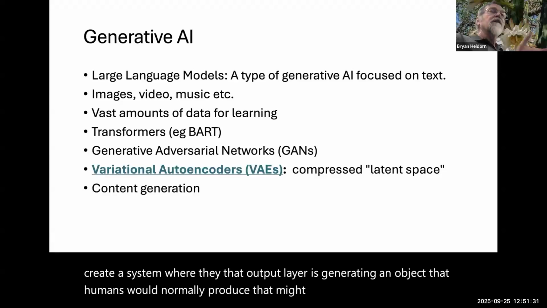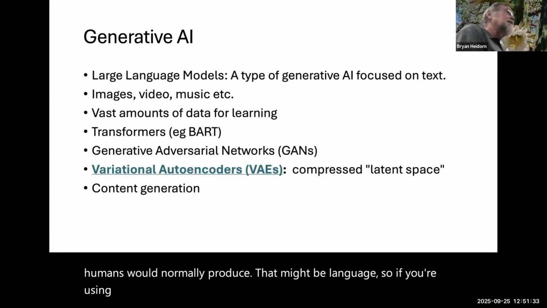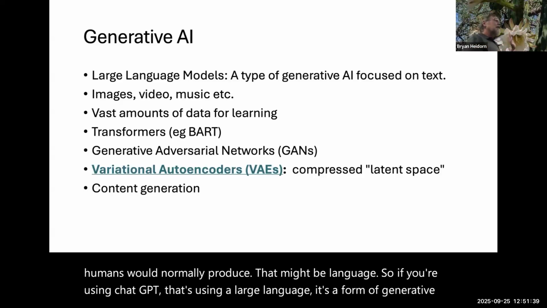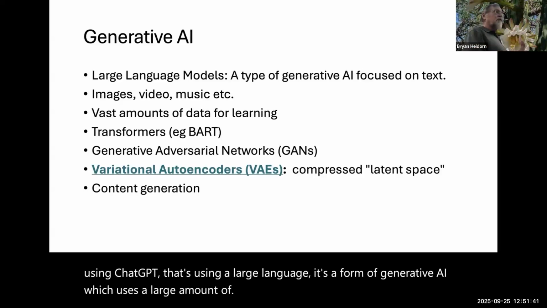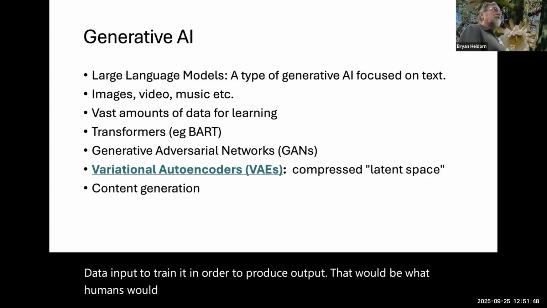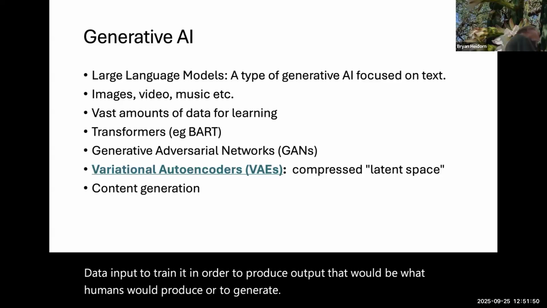That might be language. If you're using ChatGPT, that's using a large language model. It's a form of generative AI, which uses a large amount of data input to train it in order to produce output that would be what humans would produce, or to generate words.